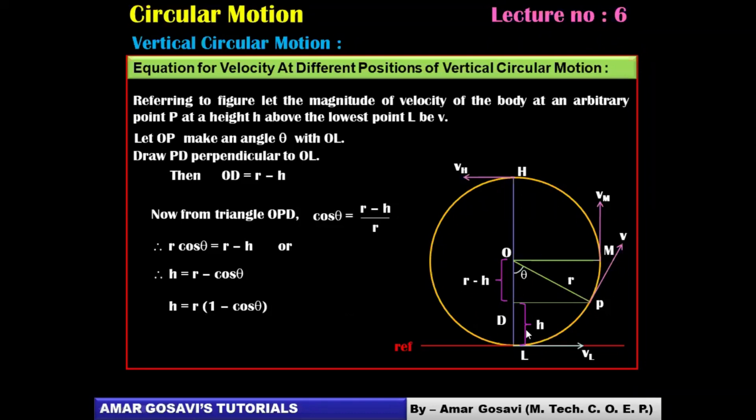So now if I know the height, I can equate the potential energies there. So before we move ahead, please make a note of this very important slide. Okay, hopefully you have noted this down. So let's move ahead, friends.